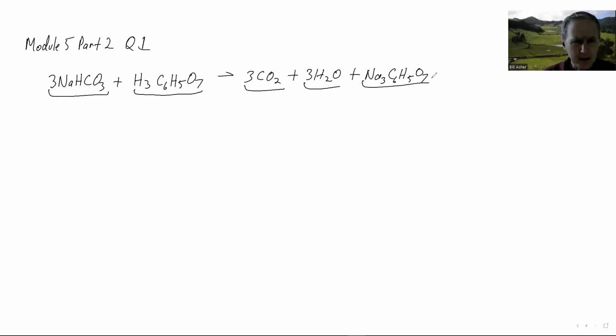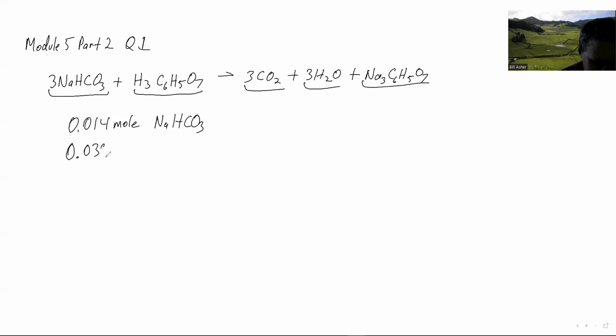And the problem gives you a range of concentrations. So we'll just use 0.014 moles of NaHCO3 and then 0.039 moles of H3C6H5O7.